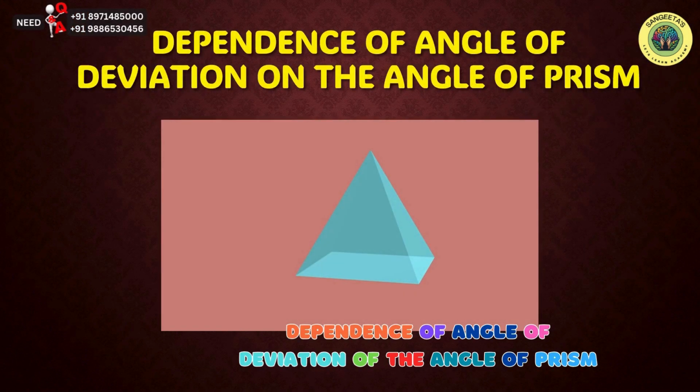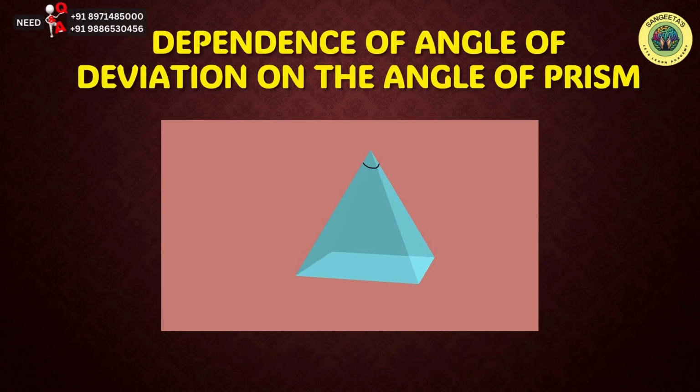This is a triangle, a prism, and if I name it A, B and C, angle A is known as the angle of the prism. If a ray of light is hitting the prism, the ray which starts is known as the incident ray.